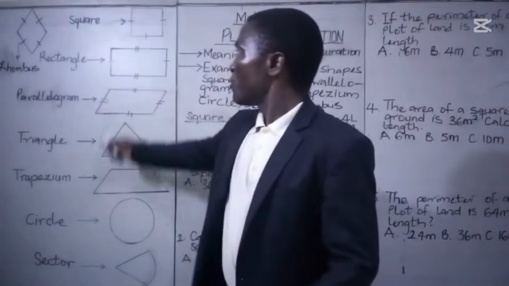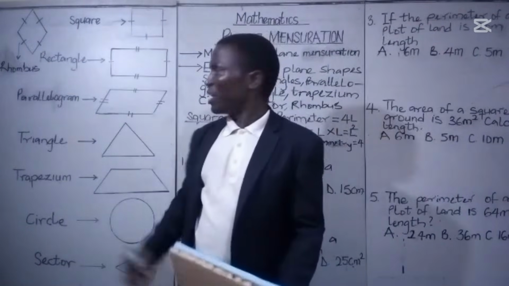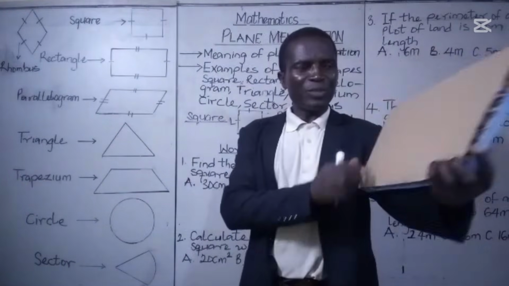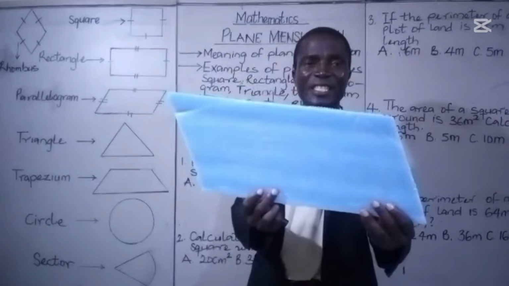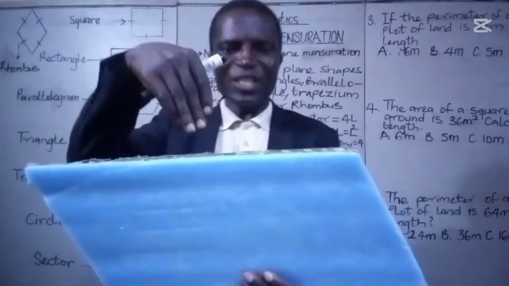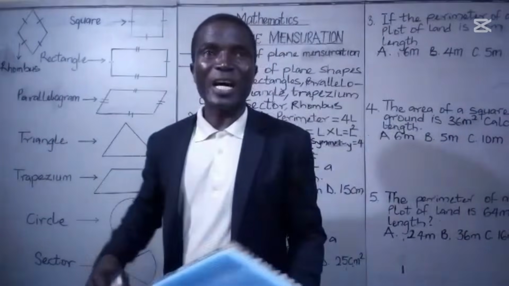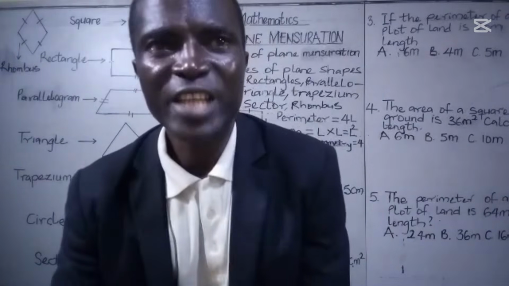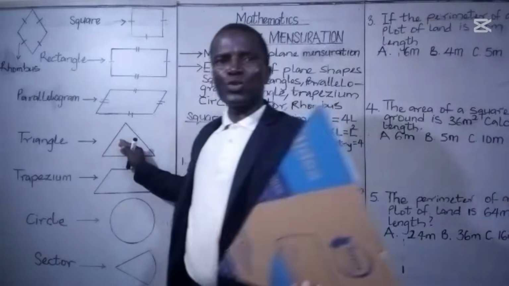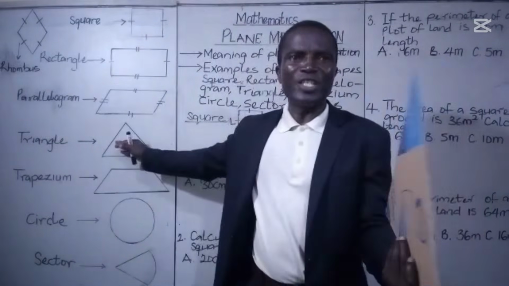Then we also have another example, which is parallelogram. Can you see the shape? Just exactly as it is, parallelogram. No inner surface. We only have outer surface. Then the next one is triangle.